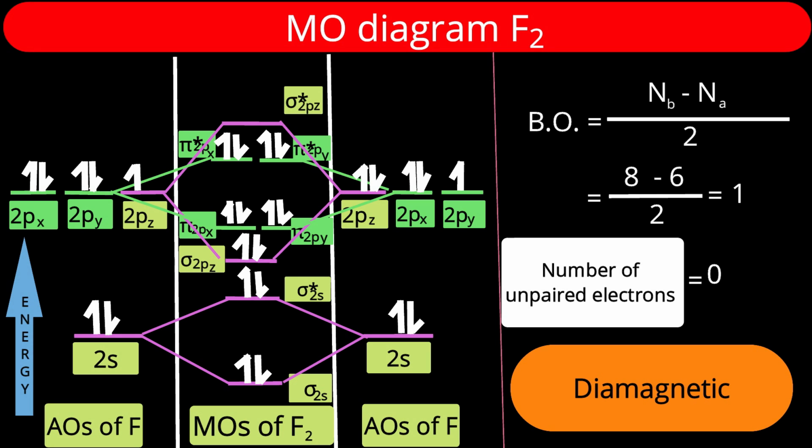What do you think? Can the 2px orbital of one fluorine interact with the 2pz orbital of the other, because both have the same symmetry? No, they can't form molecular orbitals because appropriate, sufficient, proper overlap will not be there between them. Just imagine one orbital up and down, and one orbital toward us and away from us.